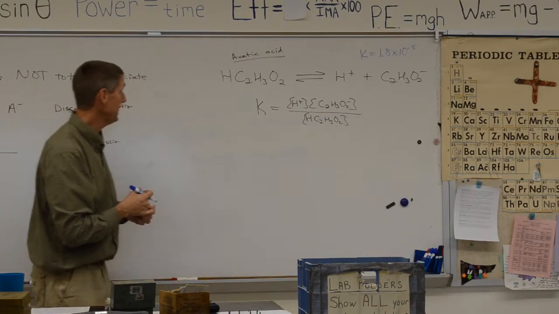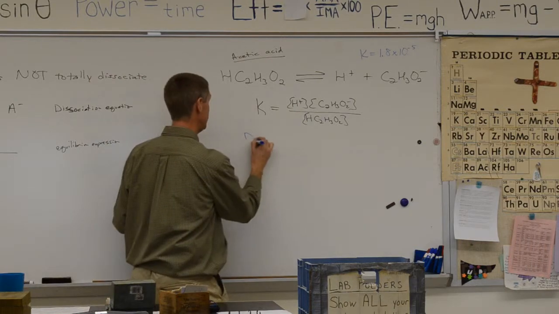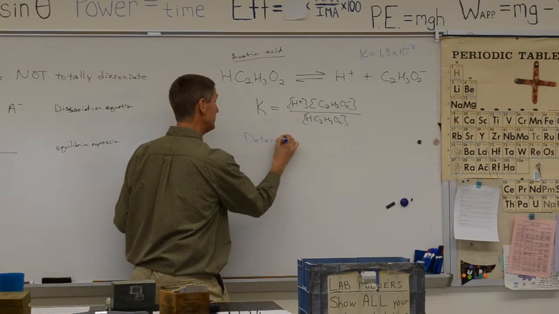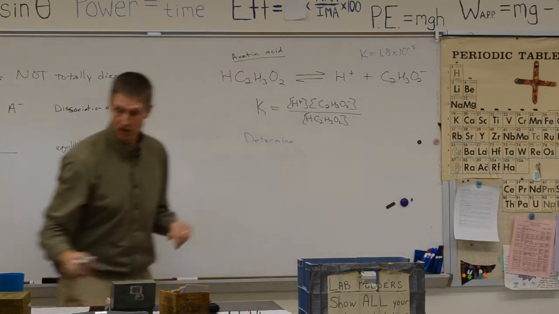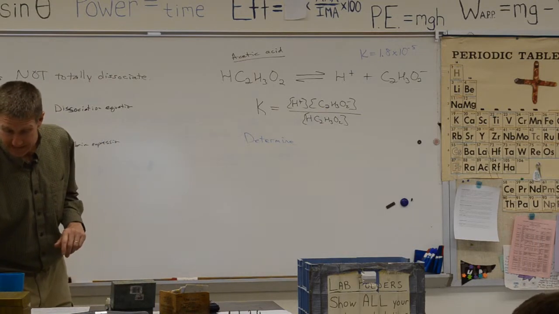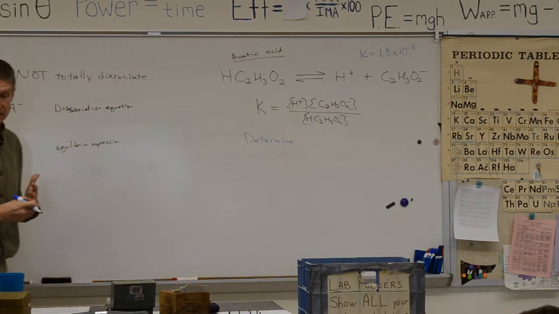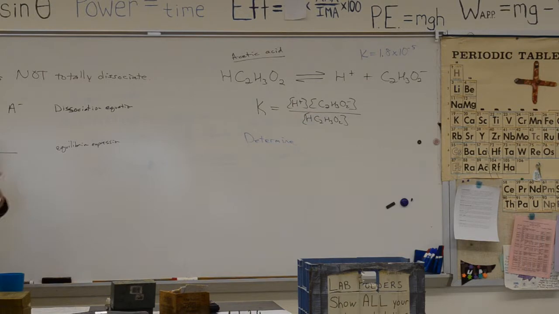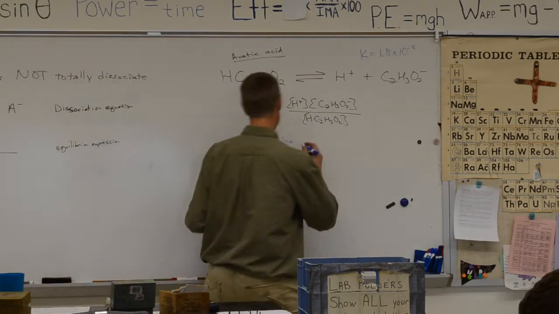So let's go ahead and determine our question, and that is, in station number 2 in the laboratory activities yesterday, you had a 0.1 molar solution of acetic acid. What was the pH? Okay, let's determine what it theoretically should be and see how close our measurements work.